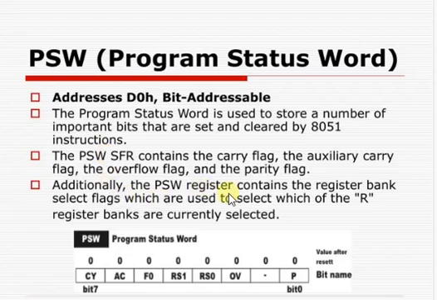Additionally, the PSW register contains register bank select flags, which are used to select which R register bank is currently selected. Here parity, overflow, auxiliary carry, then RS1 and RS0 are used for the register banks. There are 4 register banks we have seen already. For example, 00 is bank 0, 01 bank 1, 10 bank 2, 11 bank 3.